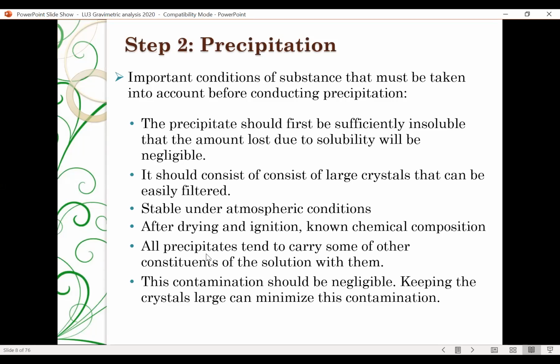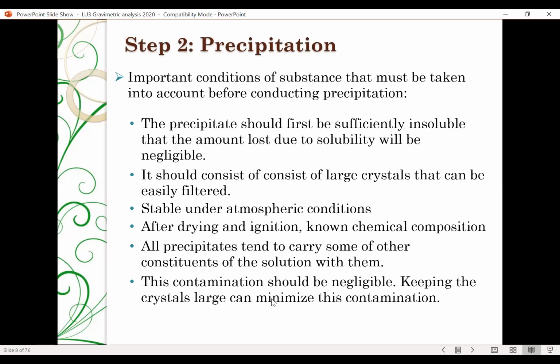Okay? Then all precipitates tend to carry some of other constituents of the solution with them, meaning to say that when we do precipitation process, if it is not done carefully, we will get some kind of contamination or co-precipitation during the process. Okay?